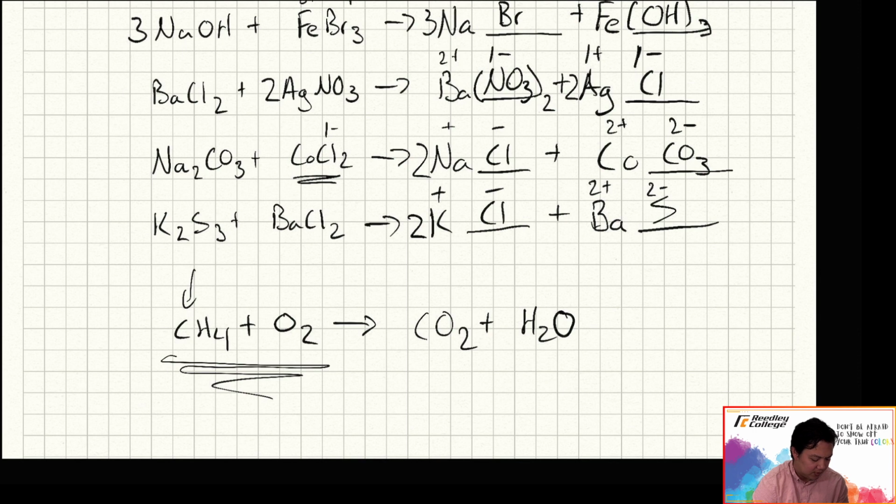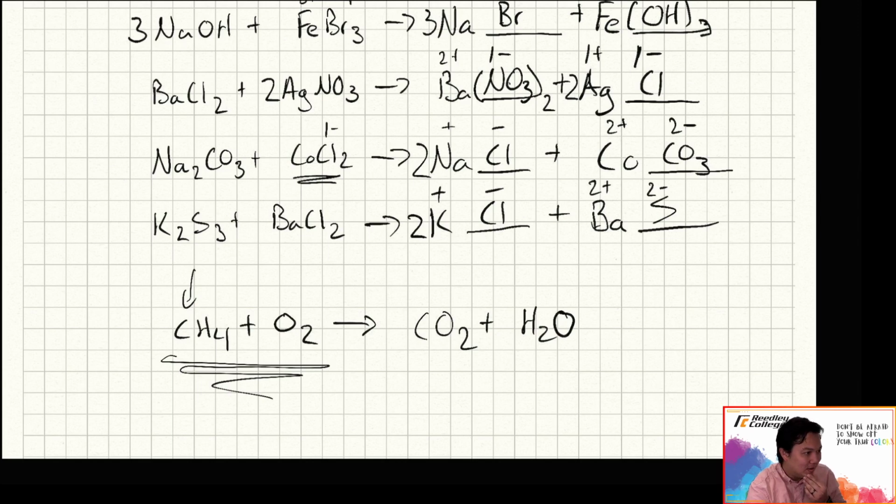Wait a second, why is it K2S3? I might have written that down wrong. Let me check real quick. Where is the textbook? Oh, now I have to find it. I think I wrote that down wrong because the charges don't balance.